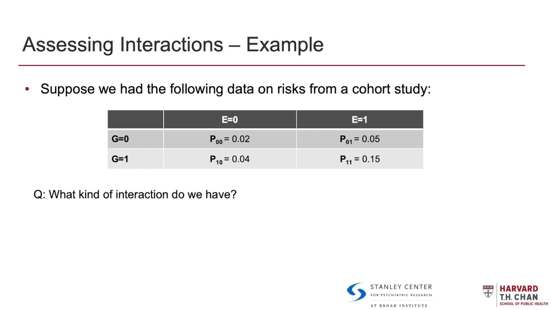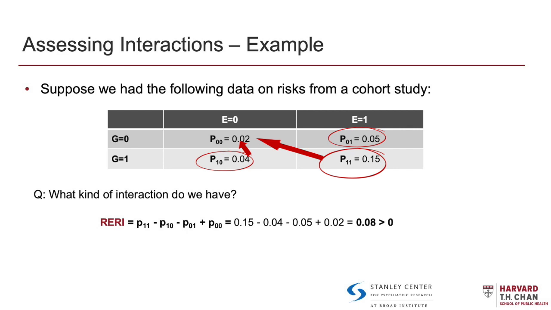So what kind of interaction do we have? We can use the P11 and subtract it from the underlying risk to understand the joint effect, and then we can take the individual ones and subtract them from the underlying risk to get the individual effect in the presence of only one exposure.